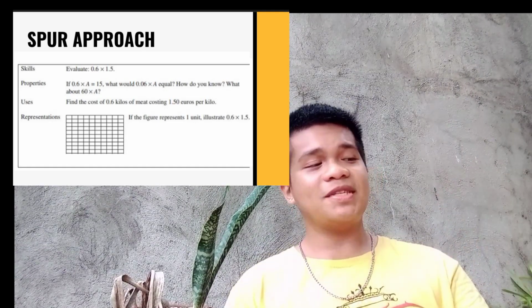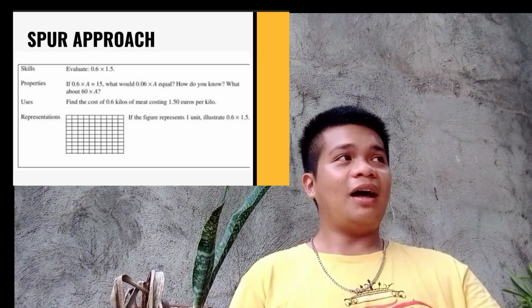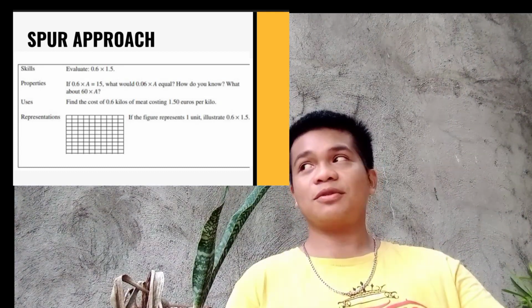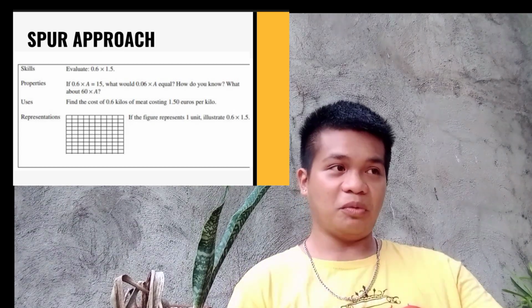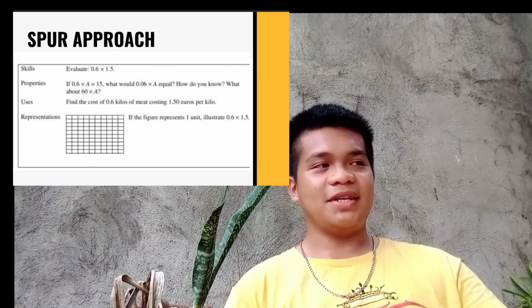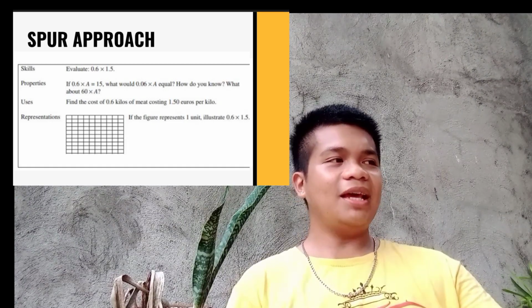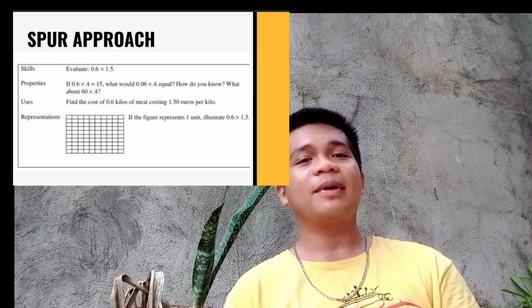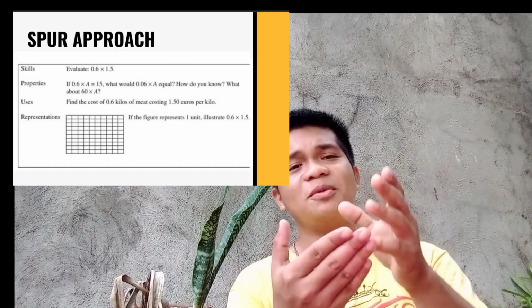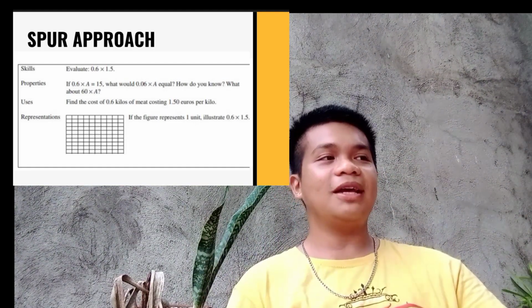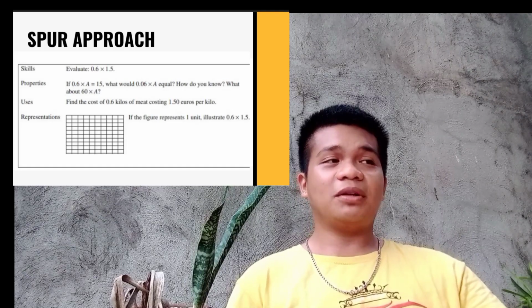This is a specific application where the child realizes that 0.6 times 1.5 is not just for school. Now, representations: if the figure represents 1 unit, illustrate 0.6 times 1.5. So, for 0.6 times 1.5, the child draws or represents it using visual representations.